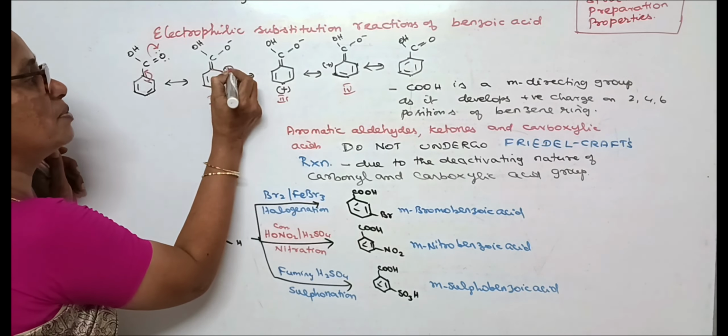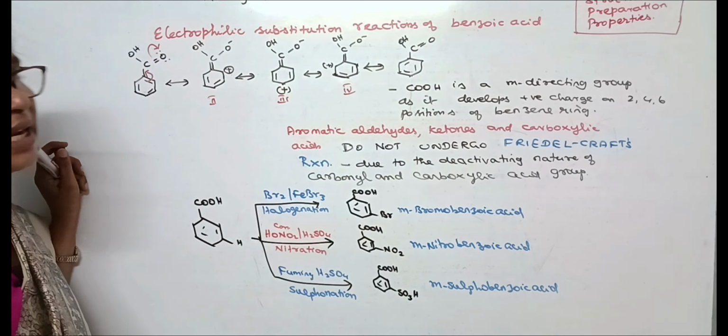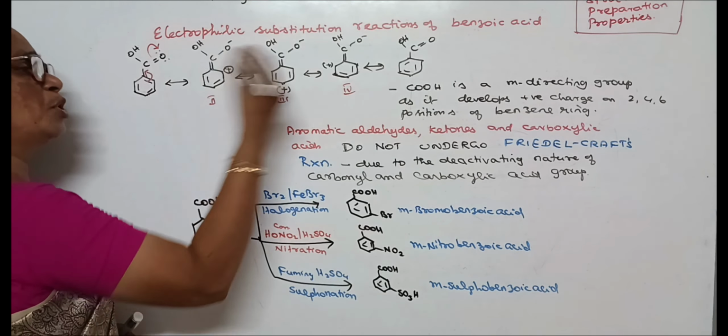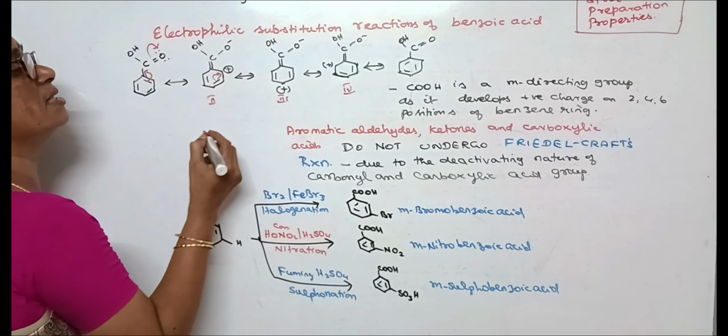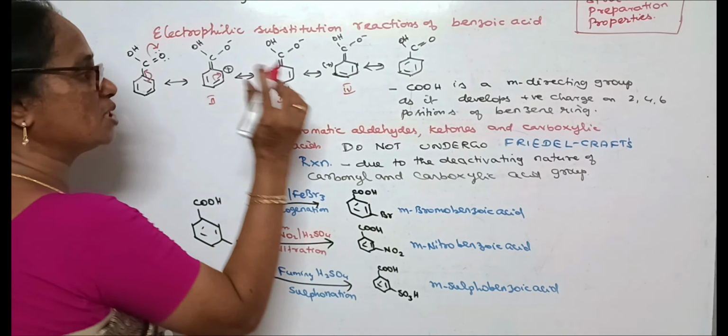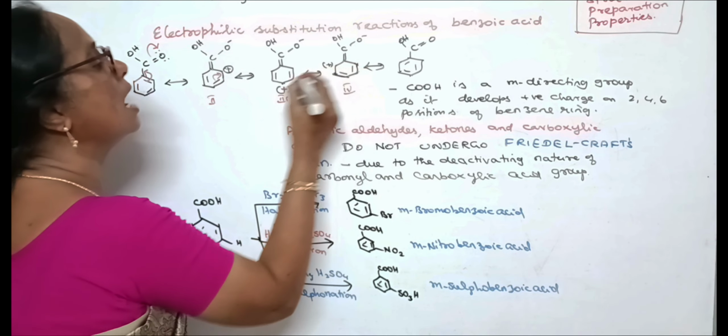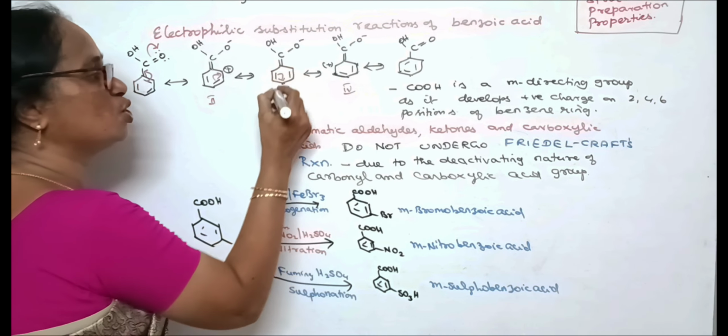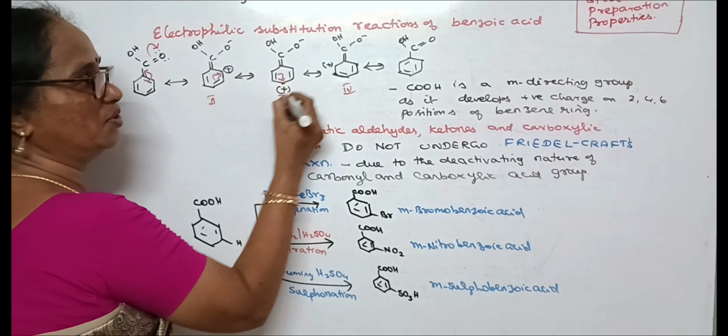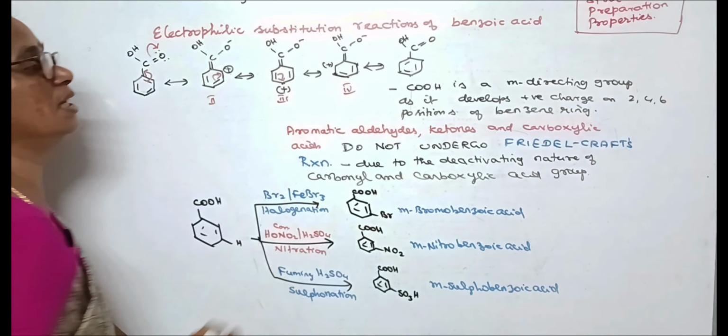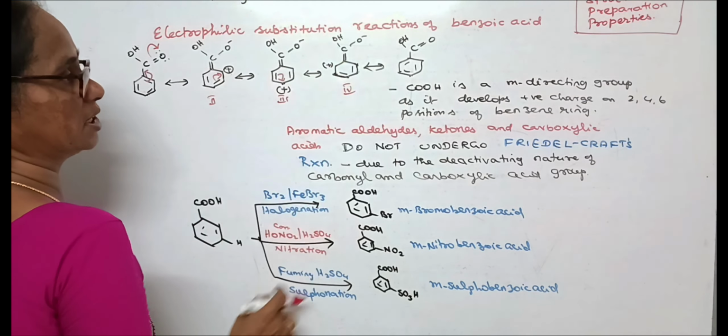So it develops a positive charge at the second position, and it proceeds with further resonating structures. We are getting the positive charge at the fourth position, and this pi bond moves towards this positive charge. So we are getting the positive charge at the sixth position.